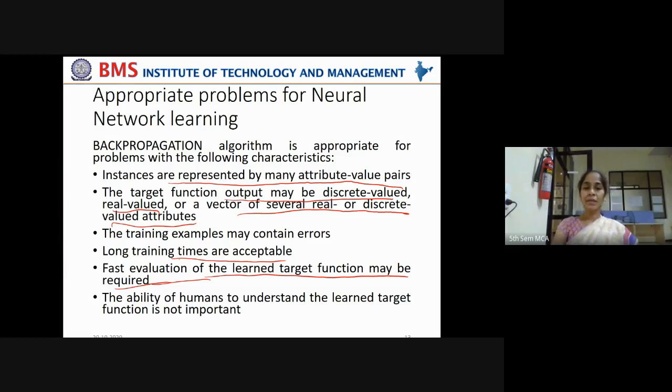Okay. And the ability of humans to understand the learned target function is not important when you don't want to know what is happening inside the black box. See, in a decision tree, you can easily understand: if you go in this direction, this condition is satisfied and the outcome is this. If you go in another direction, another condition is checked and you go further, this is your output.